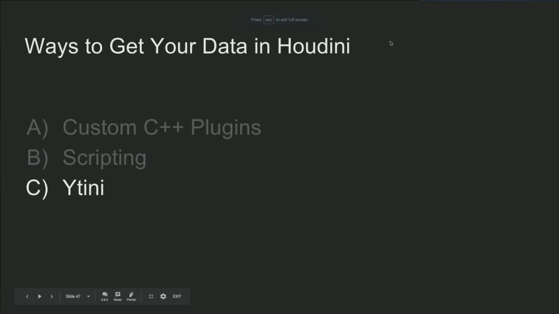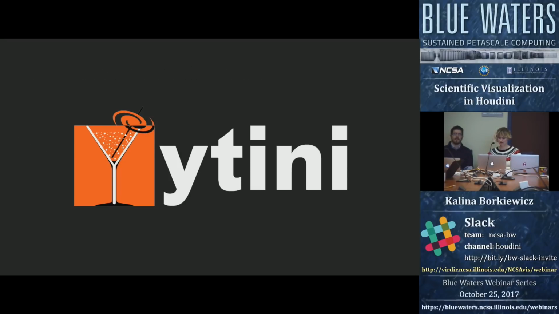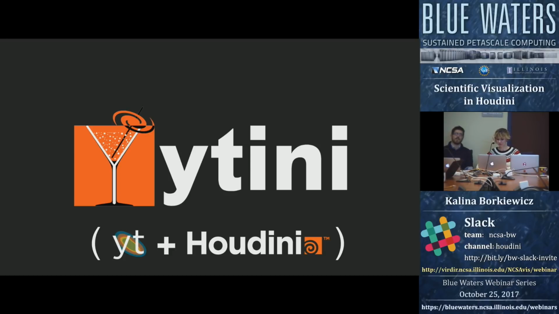Okay, so that was one way of writing custom code. The third method that I want to talk to you about is something called YTini, which is one of the latest software efforts of our group. It comes from the combination of YT and Houdini. By now you should know what Houdini is.